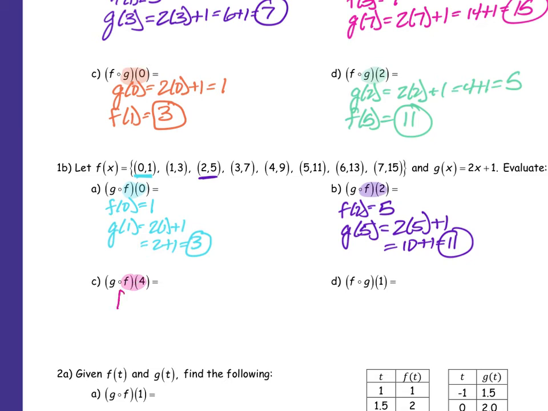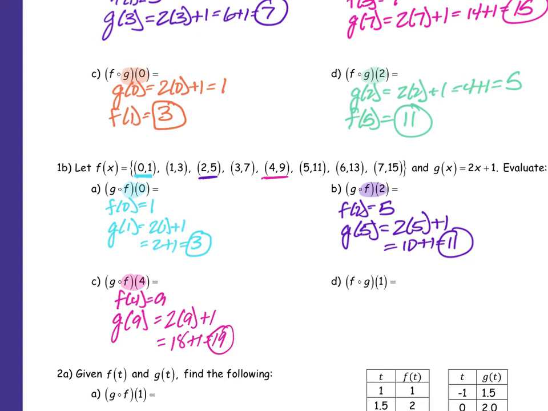So I've got f of 4 equals 9, right? It's right there. F of 4 equals 9. And then g of 9 is going to be 2 times 9 plus 1, which is 18 plus 1, or 19. Beautiful.